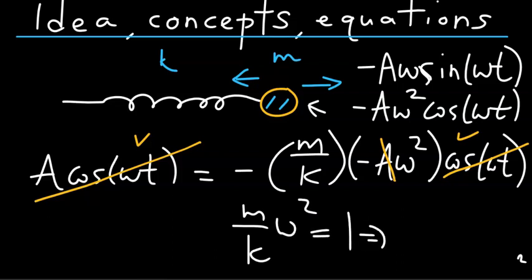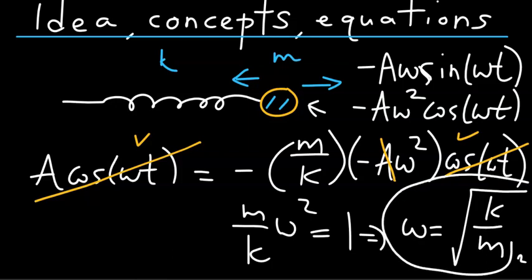Now that means your omega, which we had identified earlier as angular frequency, can be written in terms of the physical properties of the simple harmonic oscillator. So this is the spring constant of the spring, and this is the mass that is executing simple harmonic motion.